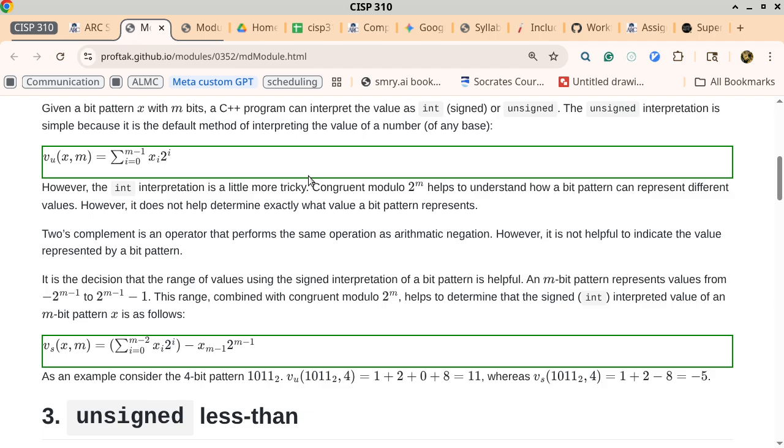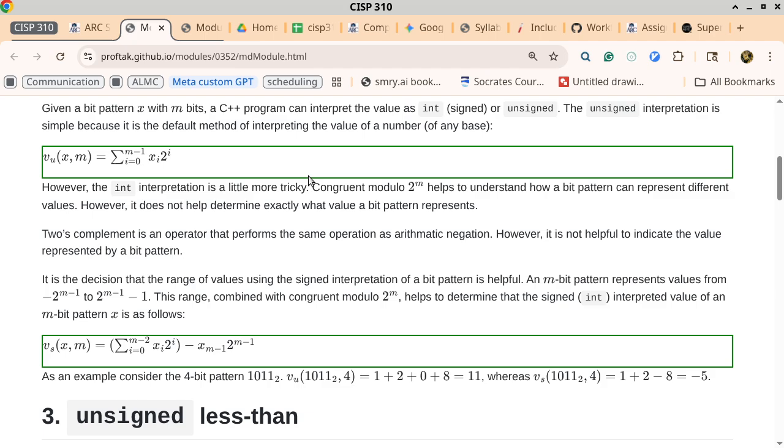You can see there's a sigma notation, but in the sigma notation, i only goes from 0 to m minus 2. It doesn't go all the way to m minus 1. The expression inside the sigma notation is still the same, x subscript i times 2 to the power of i. So that part has not changed.